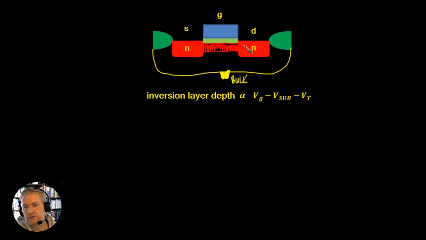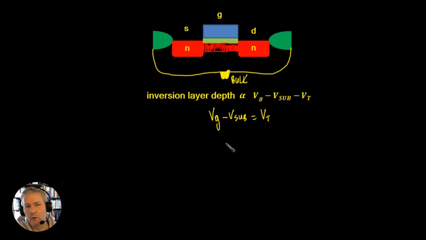So let's say, for example, we had VG minus V sub, and let's say it equaled VT, then inversion is just starting. But let's say we made that VG minus V sub greater than VT, then we're going to get inversion.